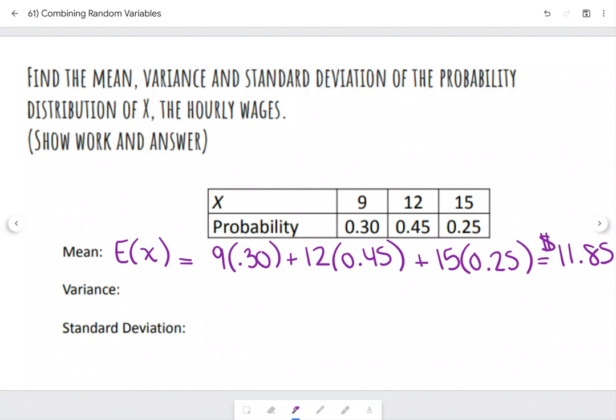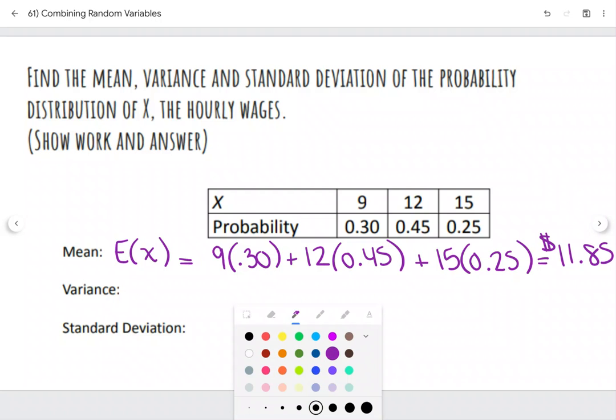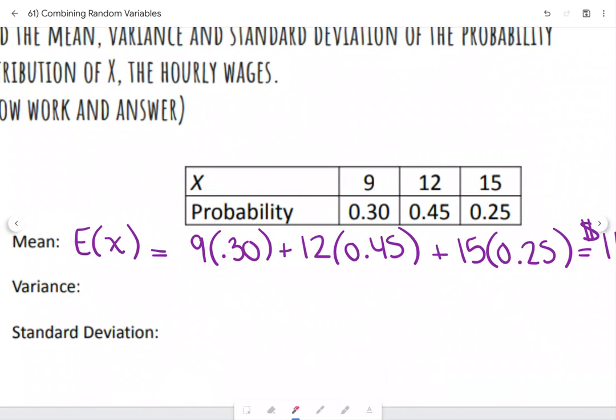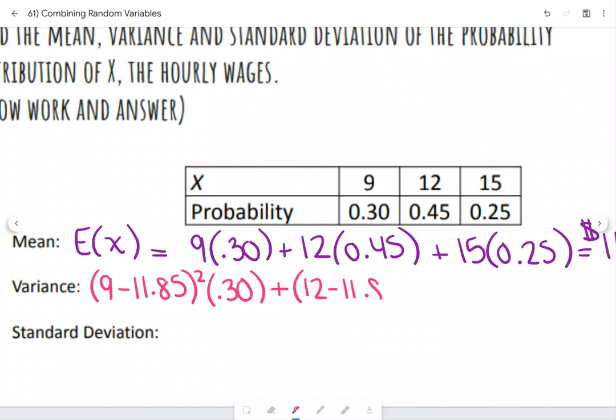Now the variance, we needed the expected value to be able to complete that. But in here, we're going to take our value, 9, subtract the expected, square those, and multiply by the probability. Okay, I'm going to do the same thing again. 12, subtract my expected of 11.85, squared, times the probability of that happening.